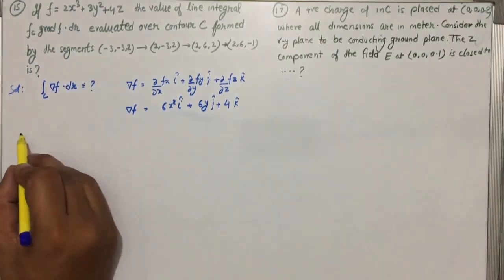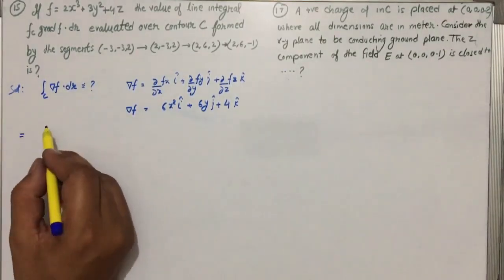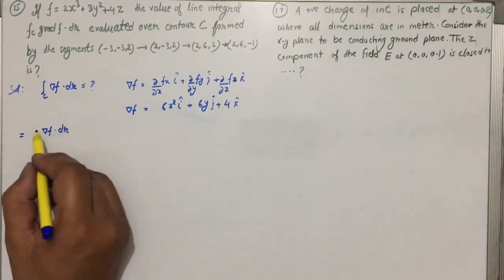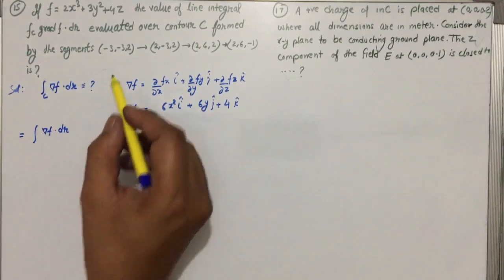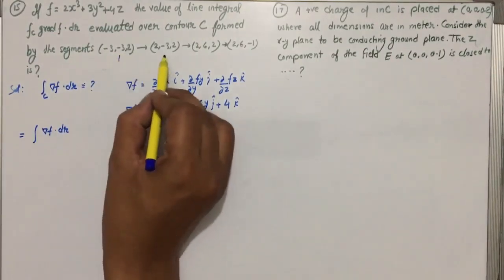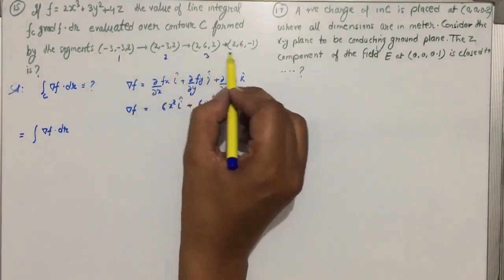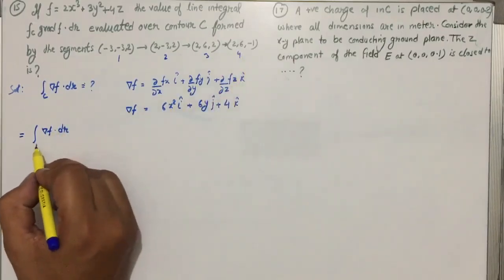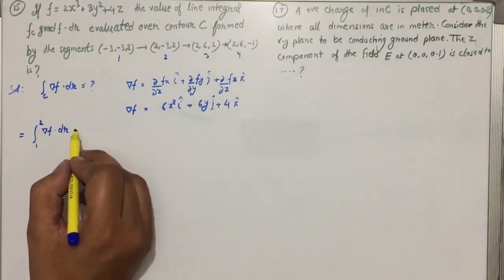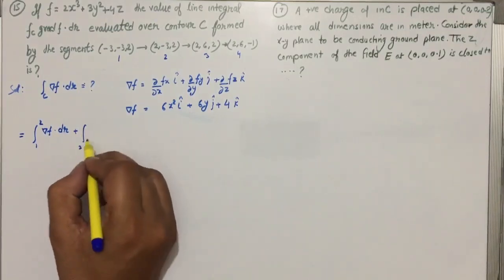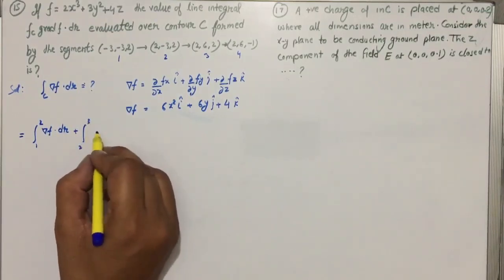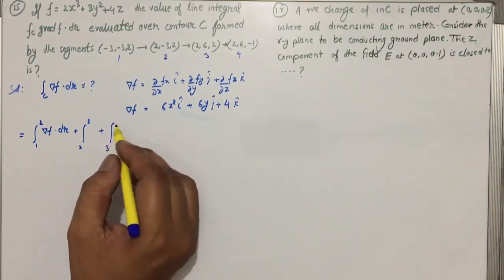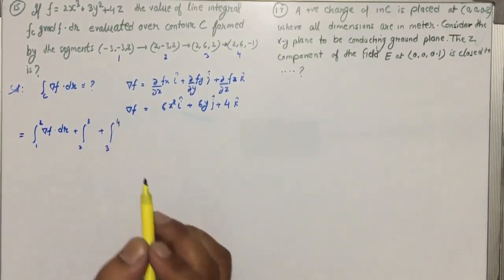Now this can be written as the integral of del f over the segments from 1 to 2, from 2 to 3, and from 3 to 4.